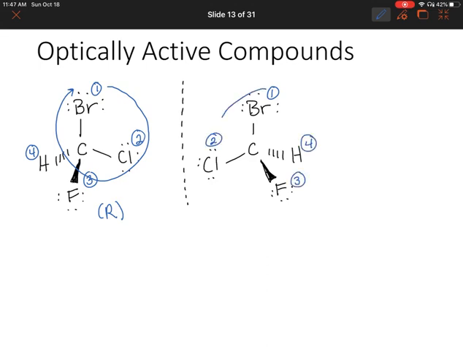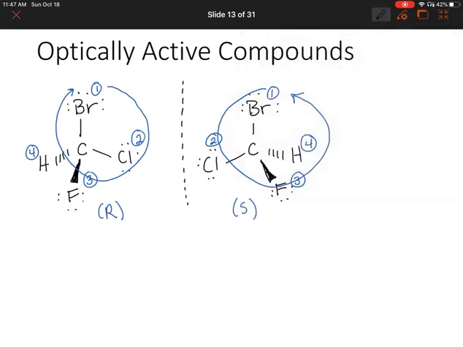Then we draw our circle from 1 to 2 to 3. If we imagine a steering wheel, it's going towards the left, in a counterclockwise direction. So is this R or S? S.